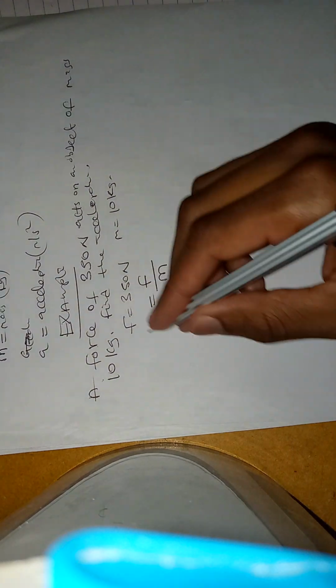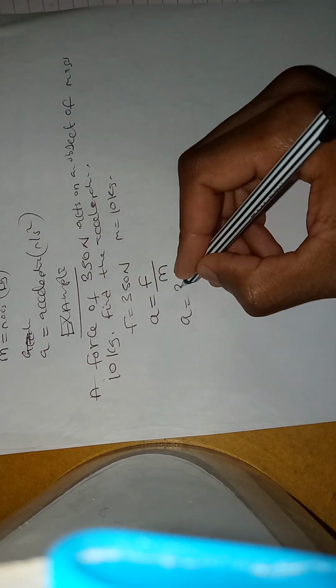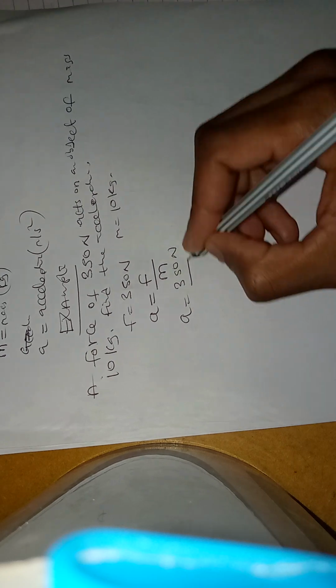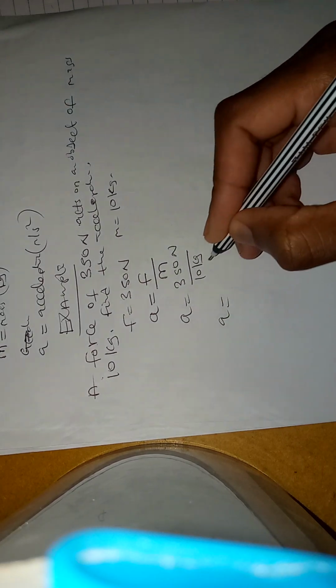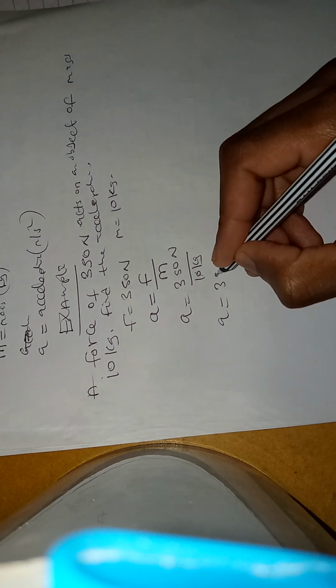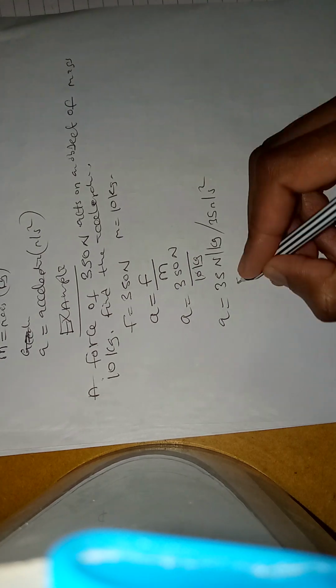This is the formula we're going to use to find the acceleration given the force and the mass. What's the force? 350 newtons. What's the mass? 10 kg. So acceleration is 35 newton per kg, or 35 meters per square second. Then you're done.